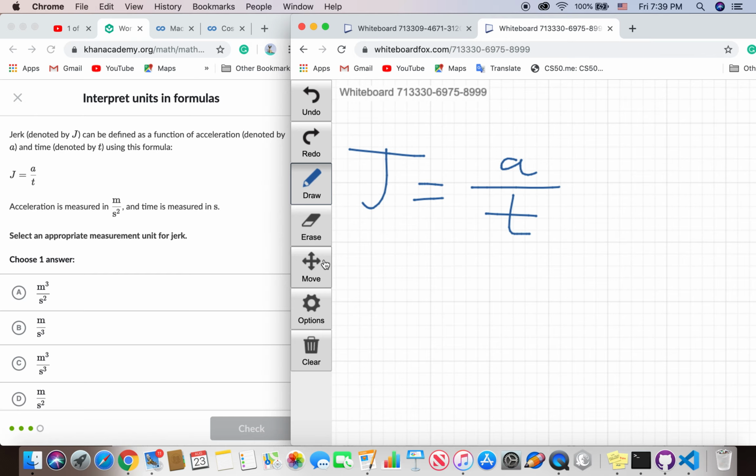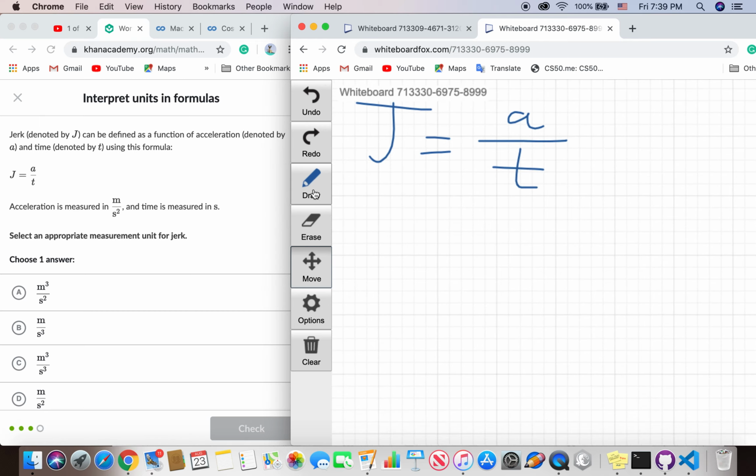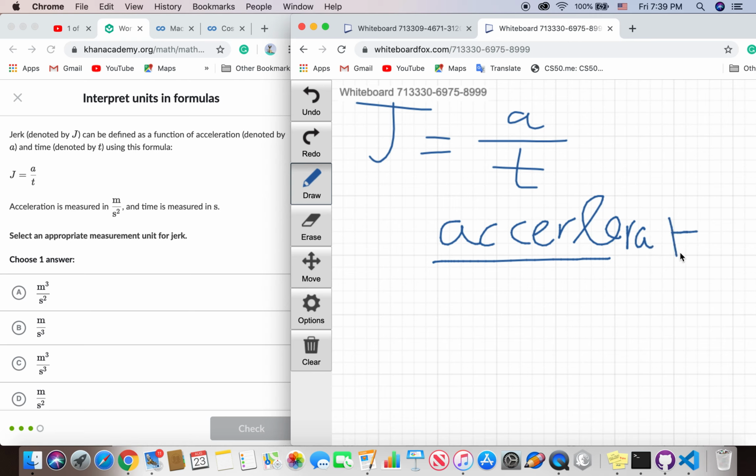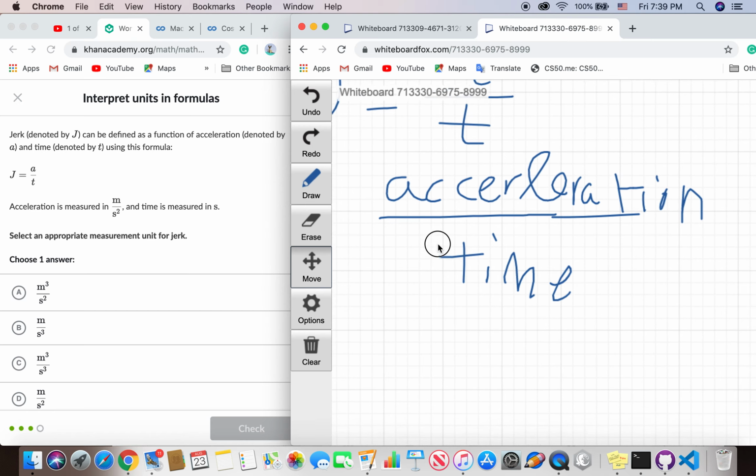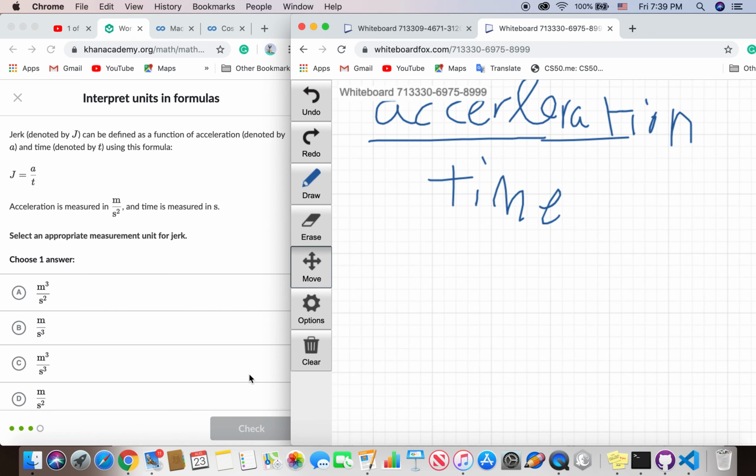It's a little bit tricky now since he didn't give us all the information, obviously. A is called acceleration, and T is time.